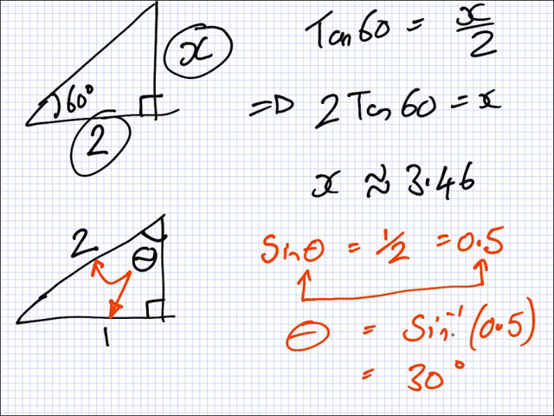Okay. Can I scroll down? Oh, and just to be clear, this is a ratio and this theta is an angle. That will be important for the next example.